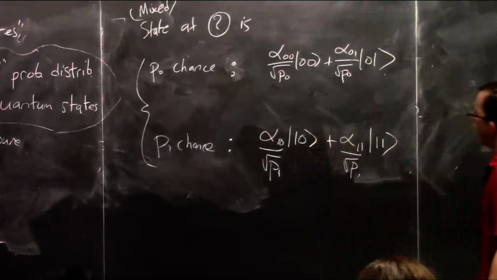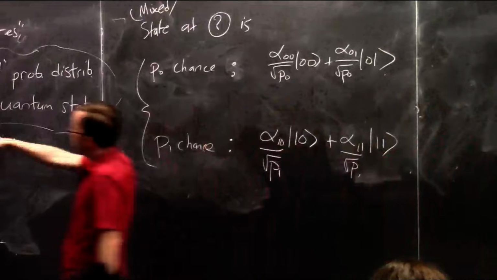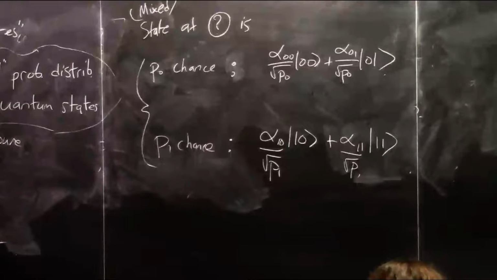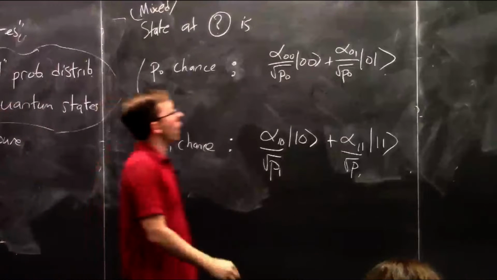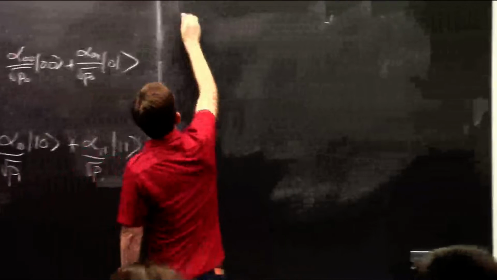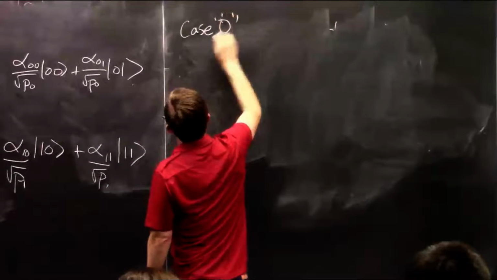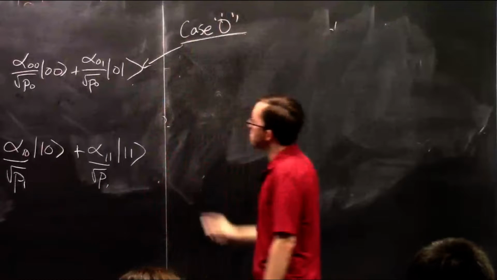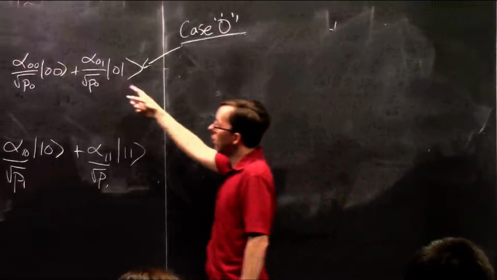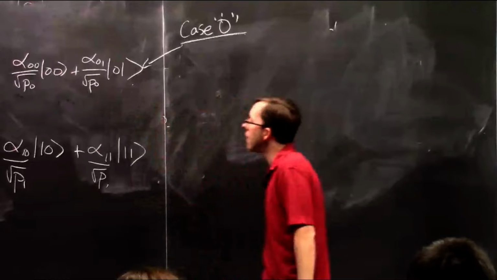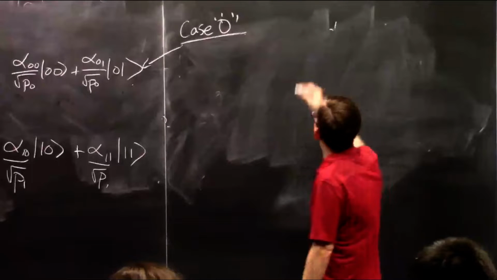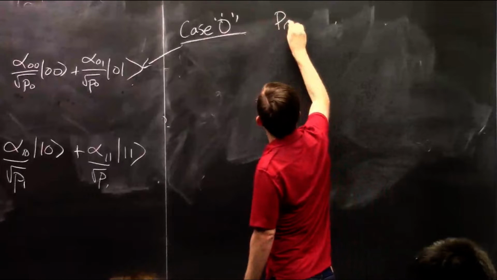Okay, so we've gotten here. Now some probabilities have been introduced in the world. Now we're measuring the second qubit. So it's like we say, case 0, which is this case. With p0 chance, the state is this. And now what happens when Bob reads his particle or measures his particle?